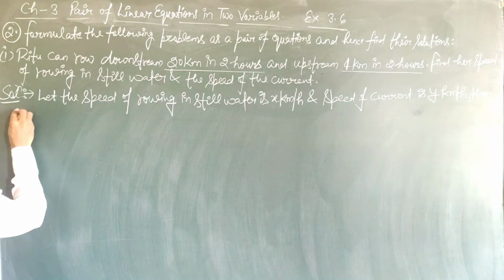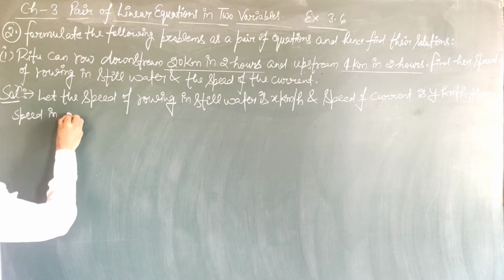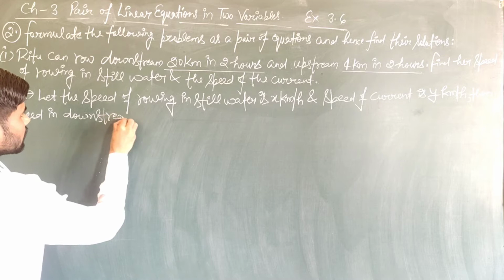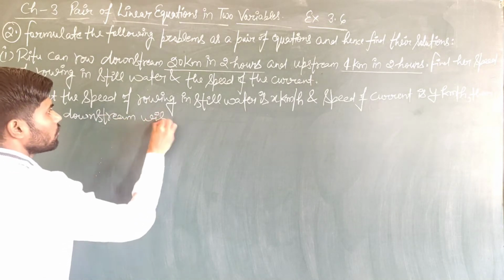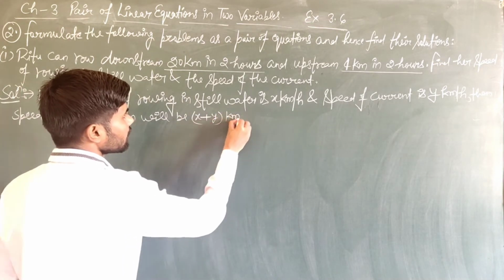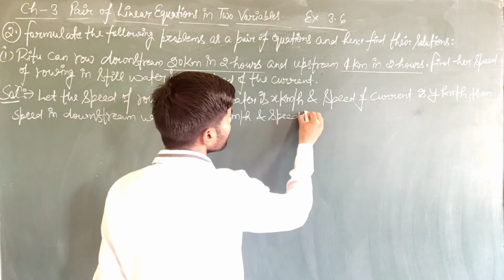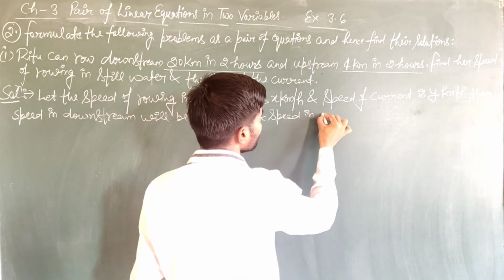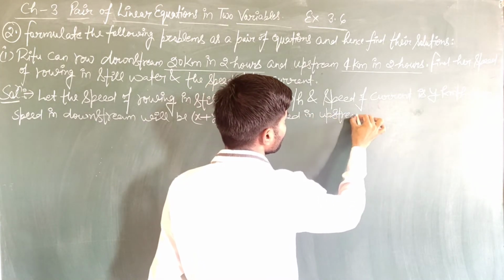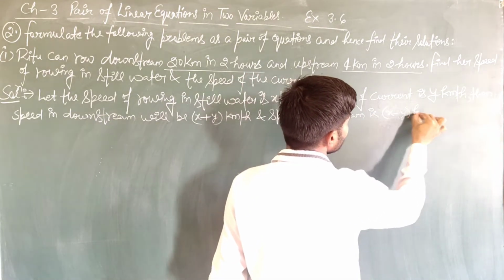Now, speed in downstream will be x plus y km per hour, and speed in upstream is x minus y km per hour.